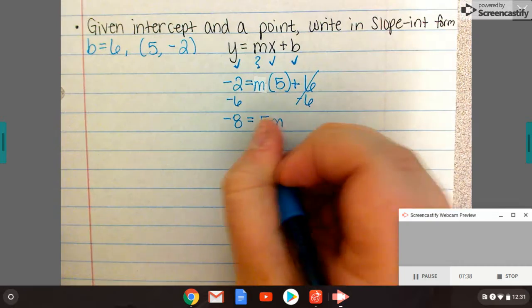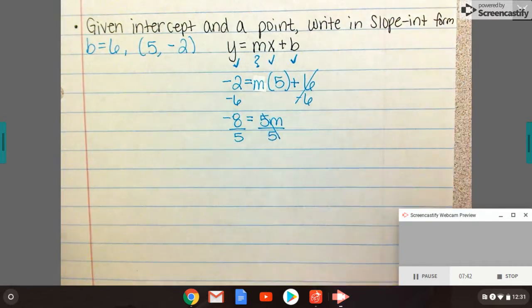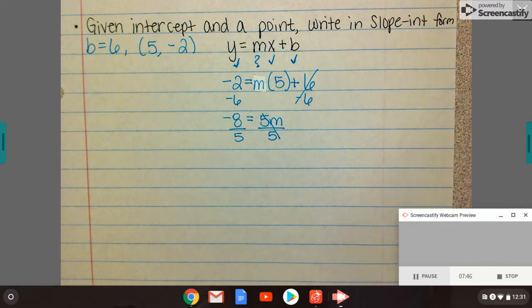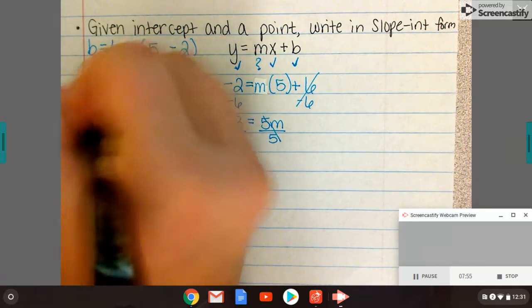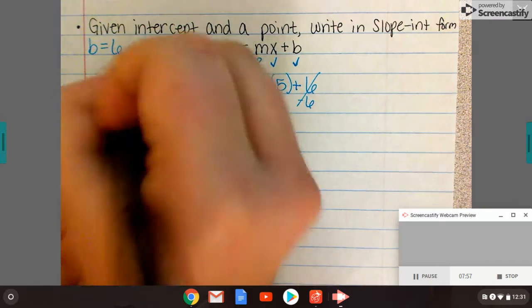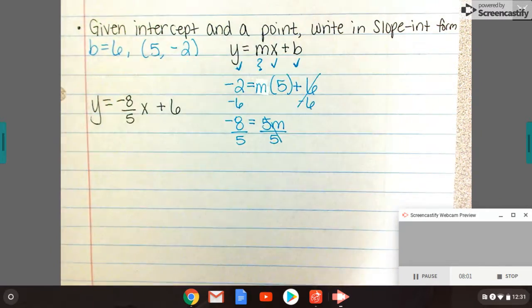Can divide both sides by 5. So m equals -8/5. We can leave it right like that as a fraction. It's best to leave it as an improper fraction so that the person who's looking at it can see the rise and the run. But here I have my m and I have my b, so I'm good to finish out. y equals -8/5 x plus 6.